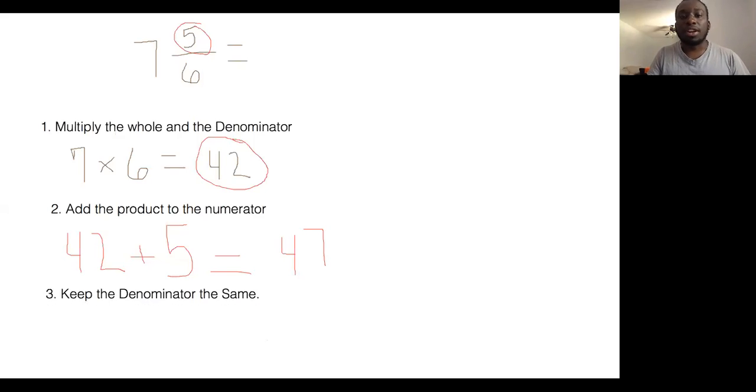So this 47 from step 2, this 47 in step 2 is now the numerator. This now is my numerator.